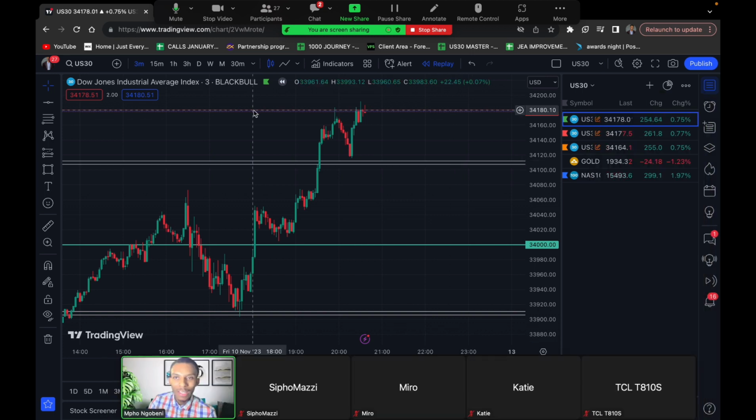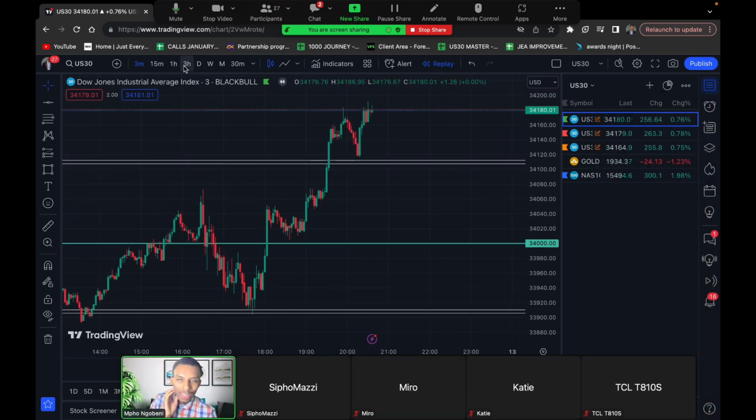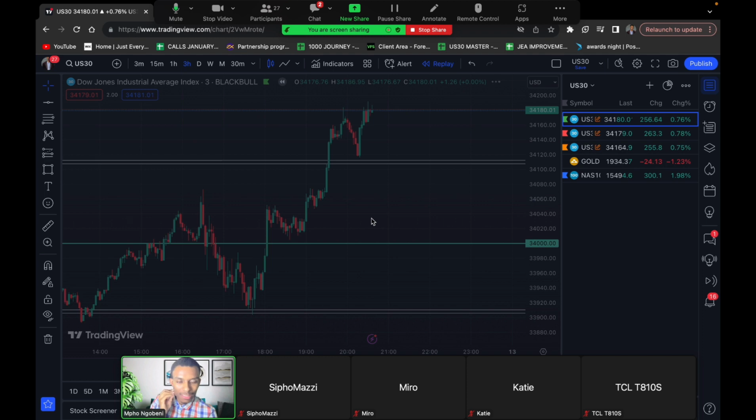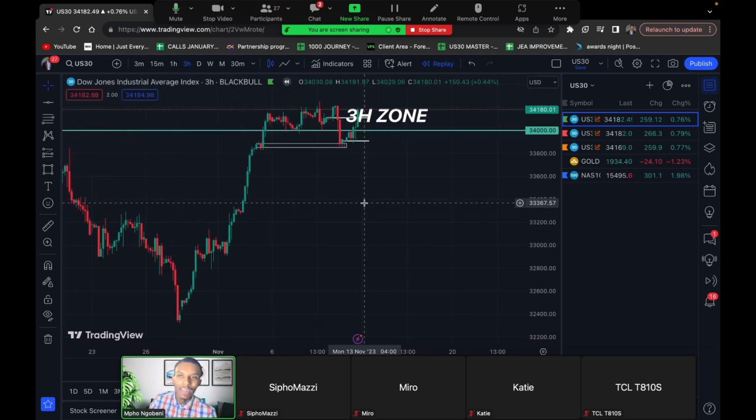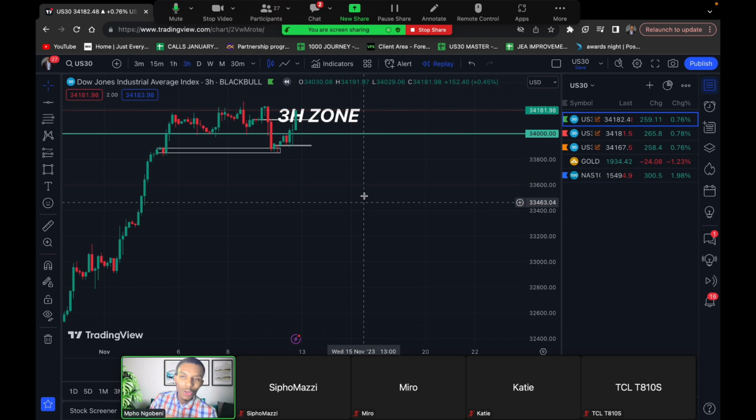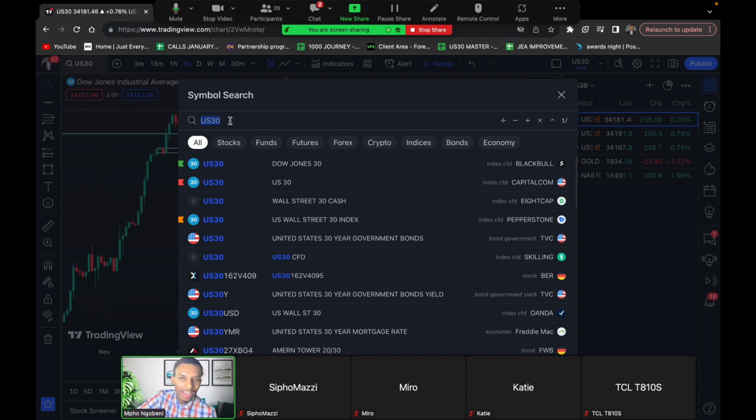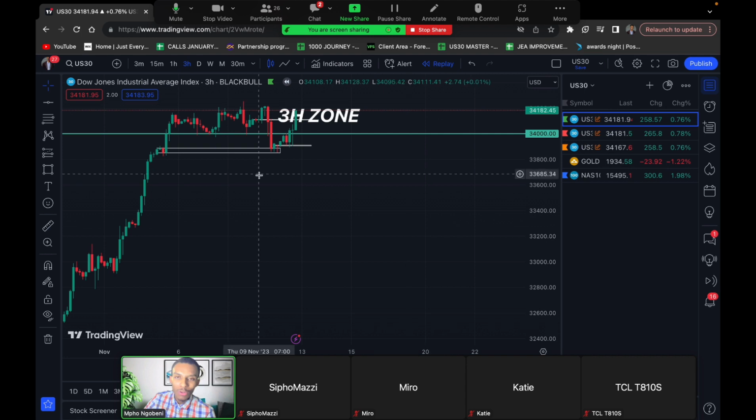So which chart am I on? Let me check. Let me go to the 3 hours. Oh yeah, I'm on the 3-hour zones. As I said, I'm using USDT. I know most of you know where to find USDT. Just go there and search for USDT or Dow Jones, whatever name you want to call it.